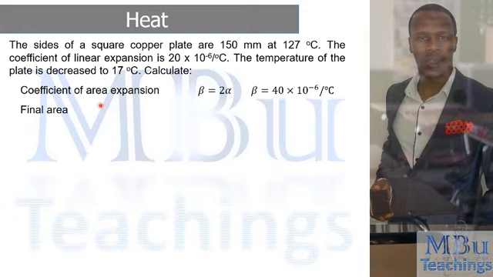It says now we should calculate the final area. Now the final area, this is the formula for the final area, is equal to the original area times something. The original area is the side squared. If you have to change this to meters first, it will be 0.15 times 0.15.